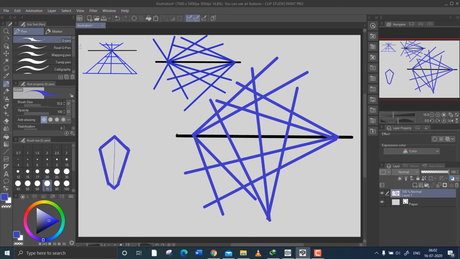Because these lines are converging to this point, these lines are converging to some point at this side, and these lines are converging to some point here. So that is 3-point perspective. In 4-point perspective, there's another point added, and in 5-point perspective, there's a point in the center. But we are not going to cover 4-point and 5-point perspective yet.